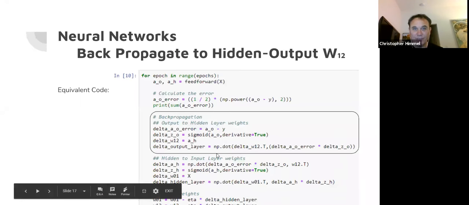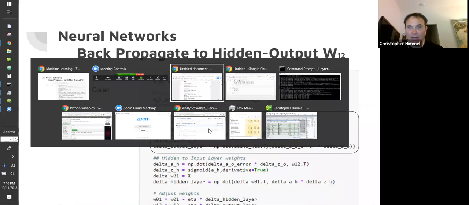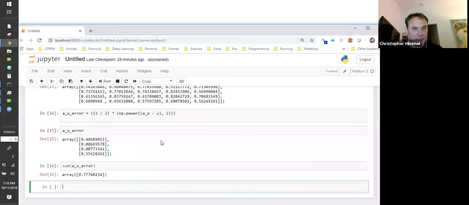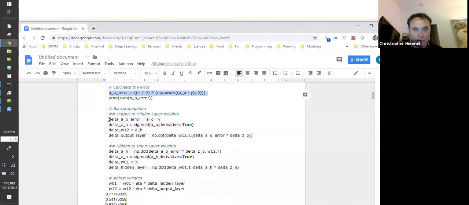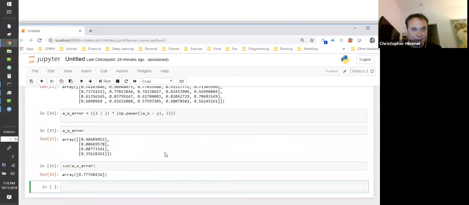So it's pretty straightforward. Okay, so now let's run this code and see what we get. Let's jump over here. Here's our code. So I'm going to run this little bit here that we just went through.